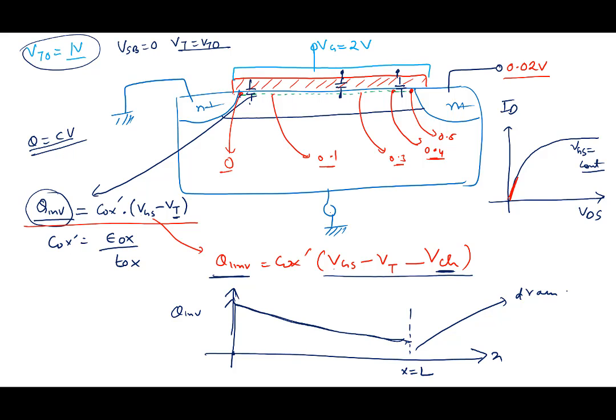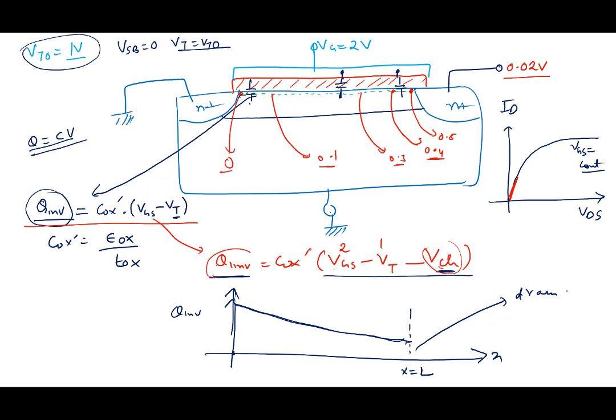The channel voltage is different, but V channel will be so small, varying from 0.02 here to 0 here. It's so small compared to VGS. VGS is 2, VT is 1, and so 1 minus 0.02 doesn't make any difference. So Q inversion is the same everywhere. It acts like a resistor, and the current-voltage characteristics are linear. It starts off as linear characteristics.